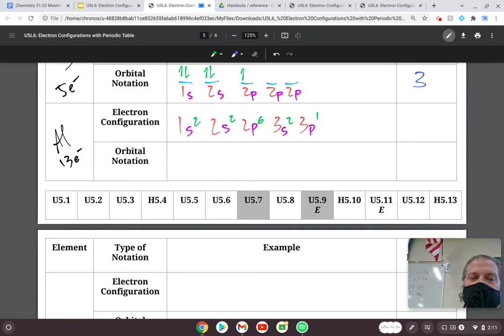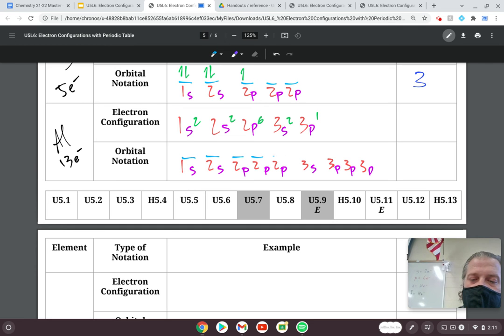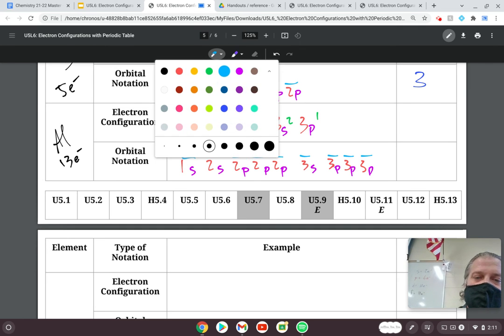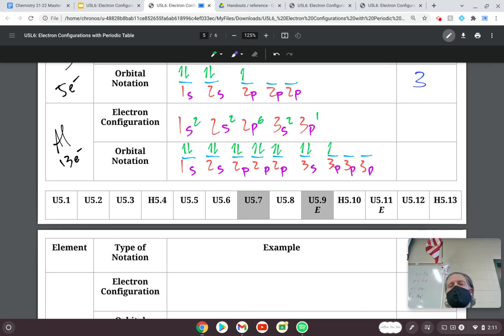And so if I was to draw the arrow notation for that, okay.